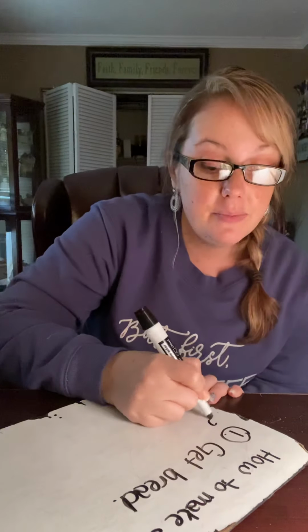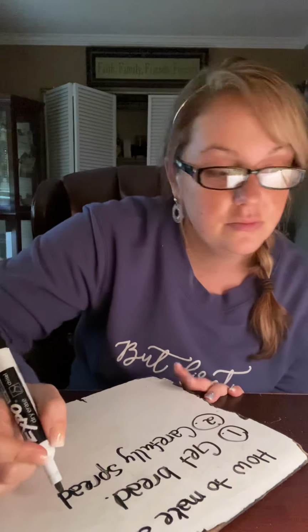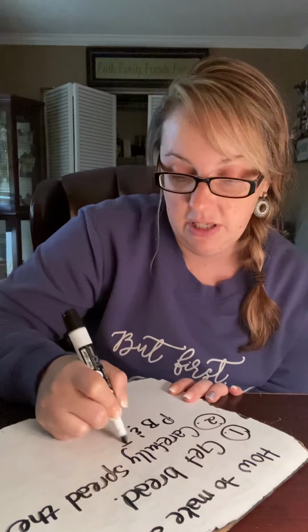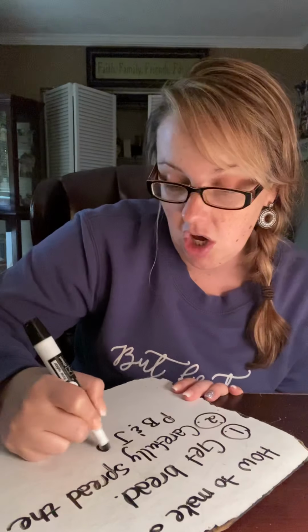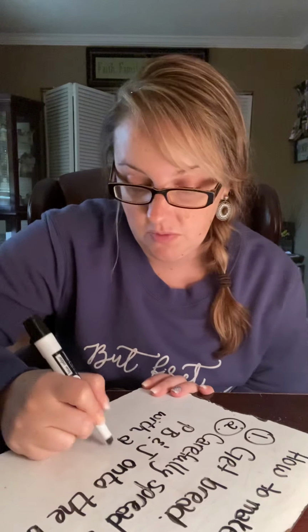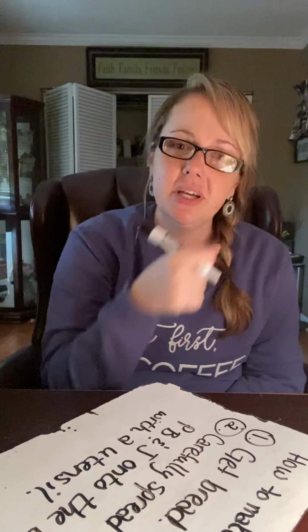Okay, my step number 2 would be to carefully, because we have to be careful, spread the PB&J, peanut butter and jelly, onto the bread with a utensil. Now, a utensil, because sometimes, guys, I don't use a butter knife to spread it on. Sometimes I'll use a spoon, the back of a spoon to do it. So you can do that too.